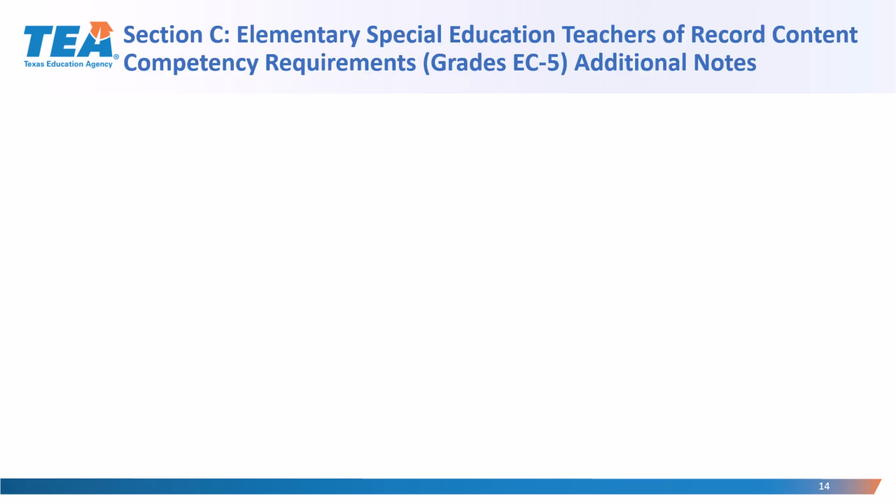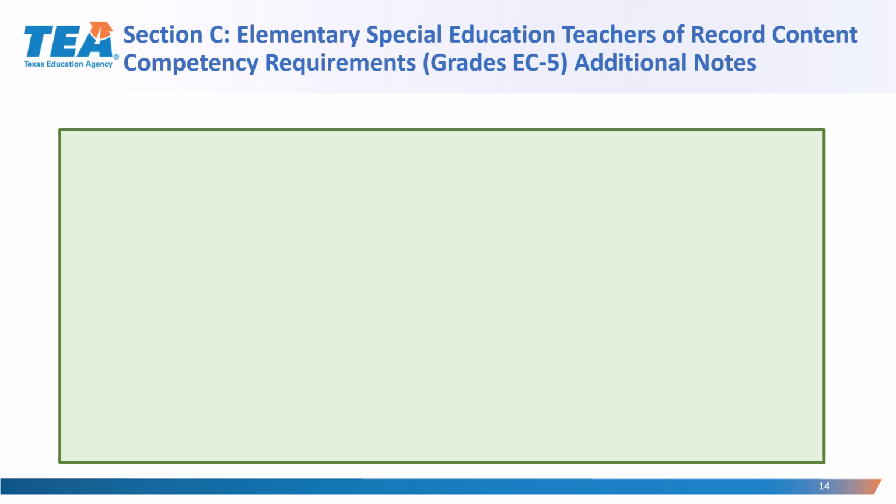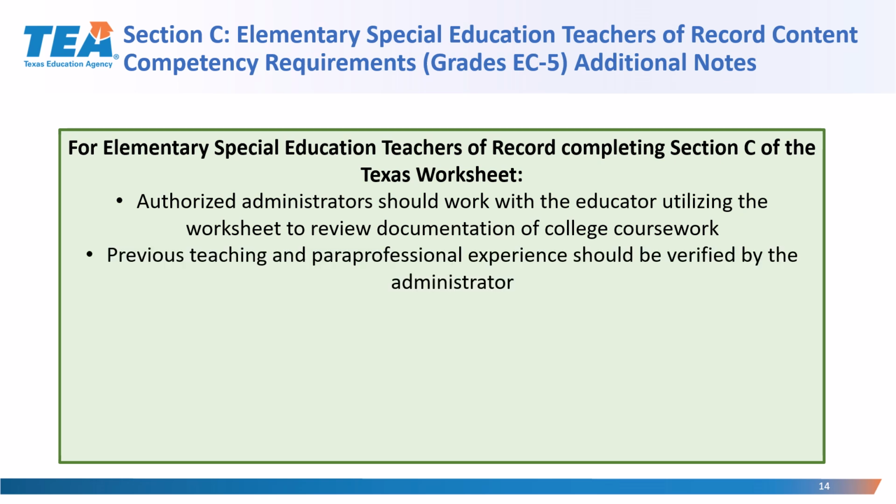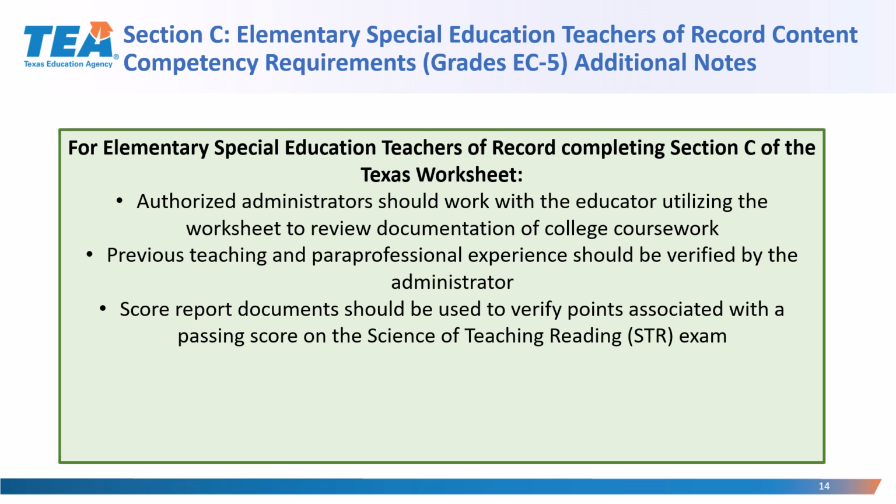A few reminders for Section C for elementary special education teachers of record. Authorized administrators should work with the educator utilizing the worksheet to review documentation of college coursework. Previous teaching and paraprofessional experience should be verified by the administrator, as well as score report documents that should be used to verify points associated with the passing score on the STR exam.